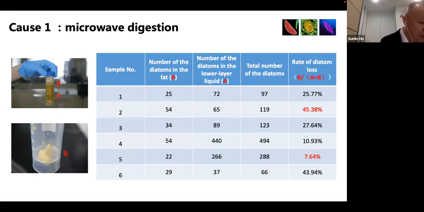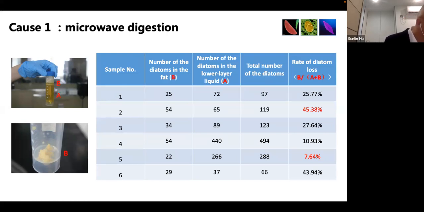After a sample was digested by heating digestion, the lower layer, part A, was filtered, followed by auto SEM, while the upper layer of fat, part B, was further digested by microwave digestion, followed by vacuum filtration and auto SEM.